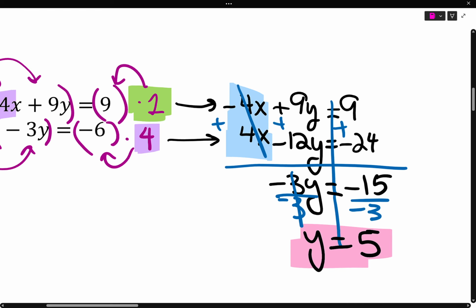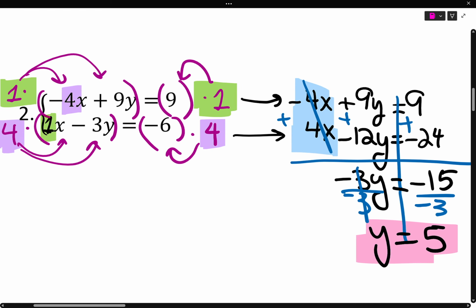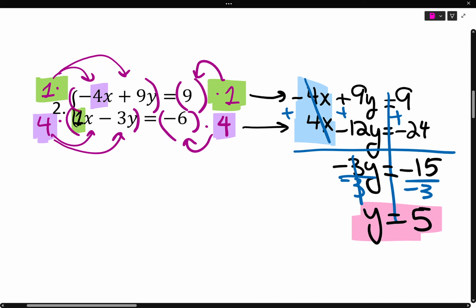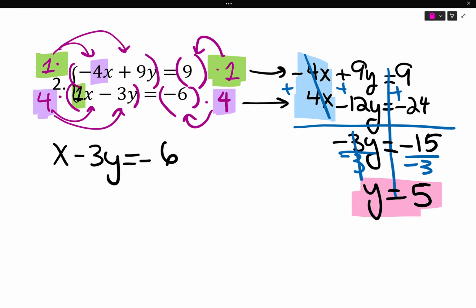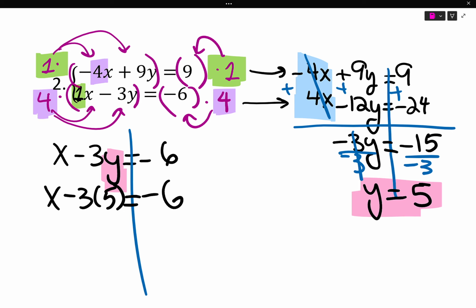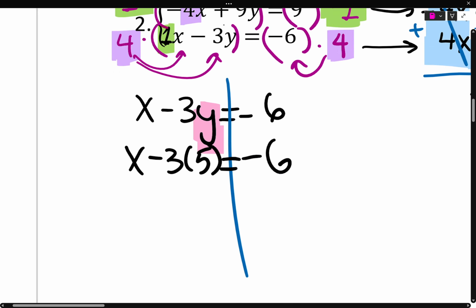It does not matter where we plug that in. I feel like doing the second equation. So I'm going to go ahead and rewrite it. And then we're going to plug in y. We have x minus 3 times 5 equals negative 6. First I'm going to multiply.